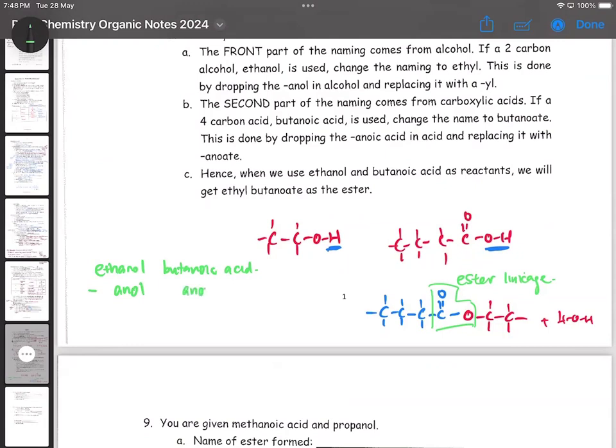Also minus enoic acid, plus YL plus enoate. So the final name we have is ethyl butanoate. Right, any questions for this?